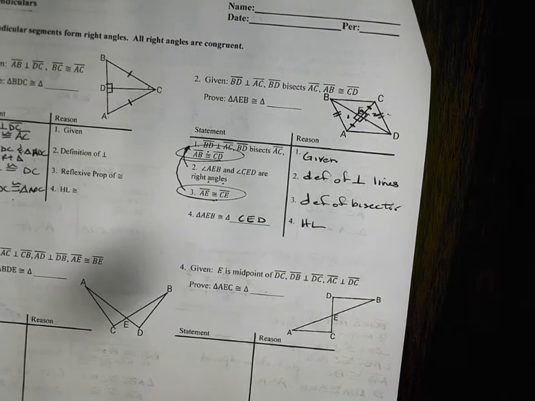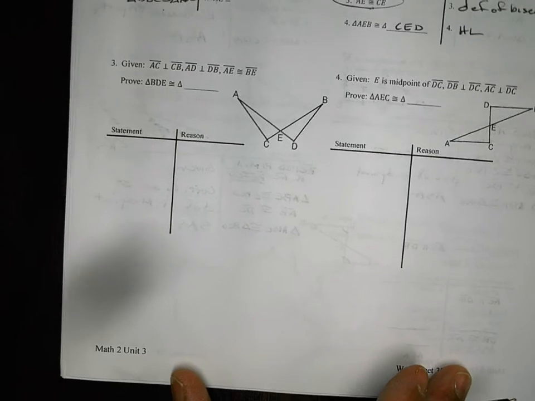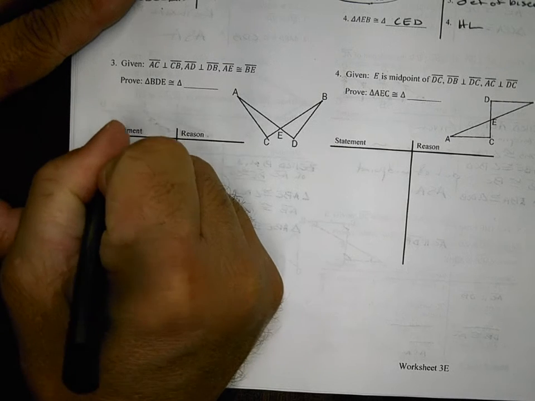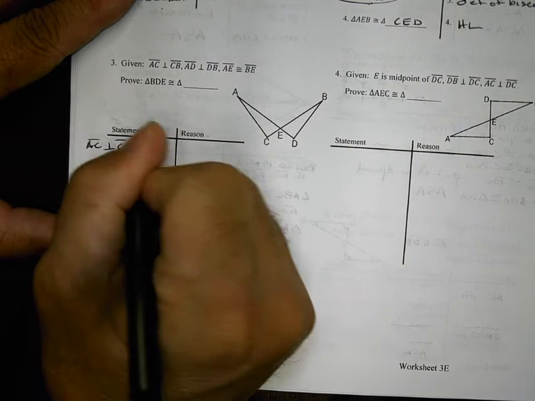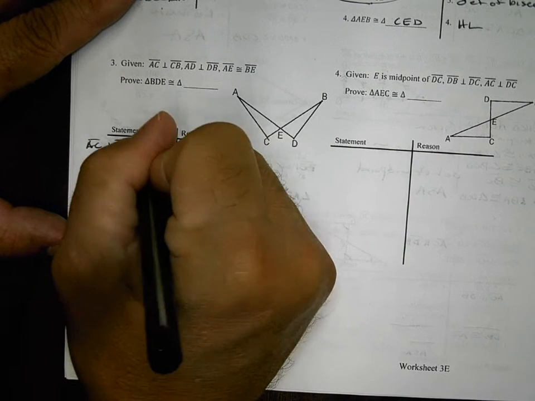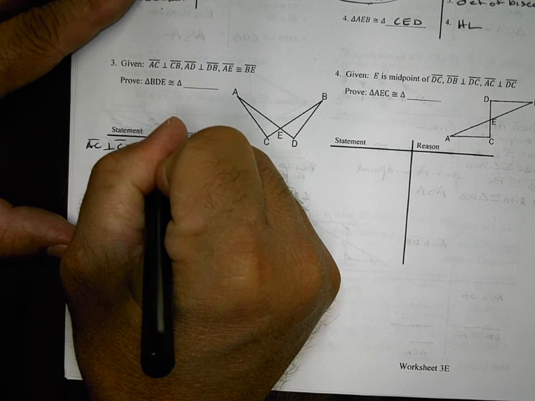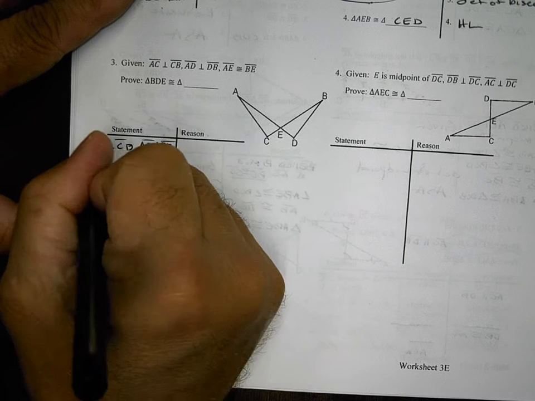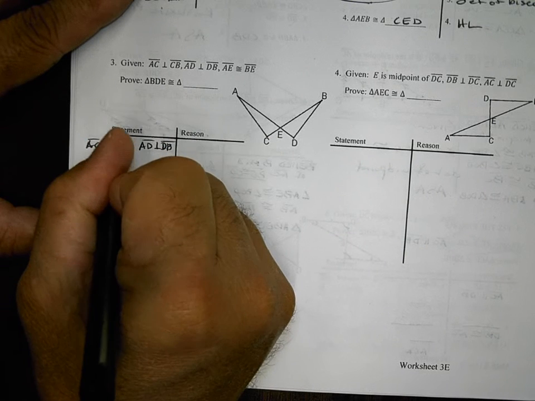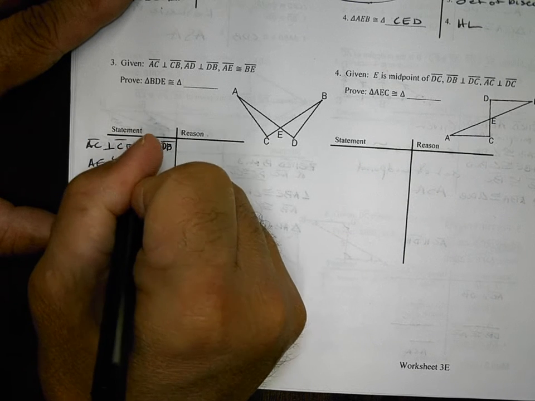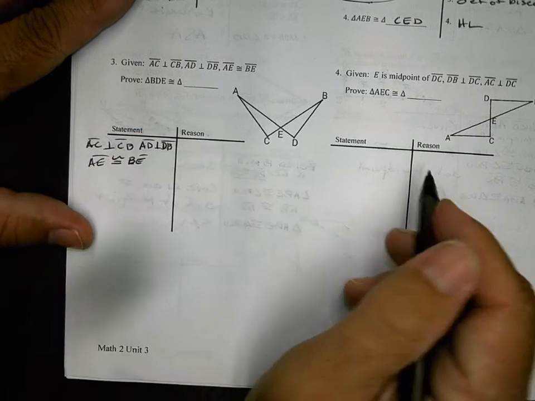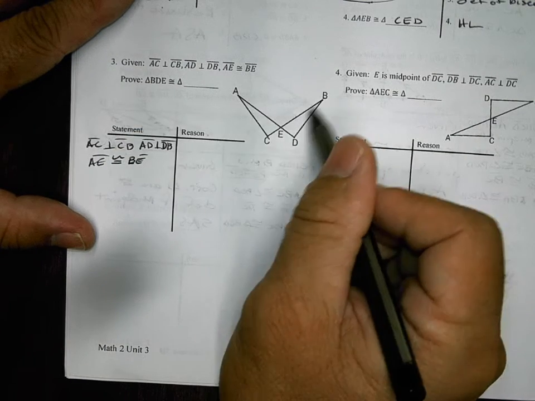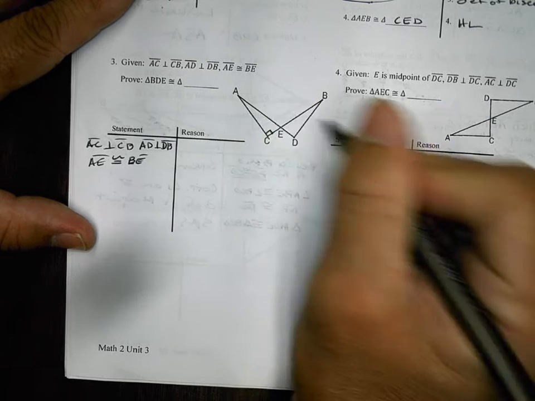All right, moving on. Number 3. Given AC is perpendicular to CB, and AD is perpendicular to DB, and AE is congruent to BE. All right, so what does that mean? AC is perpendicular to CB, so that's a right angle.